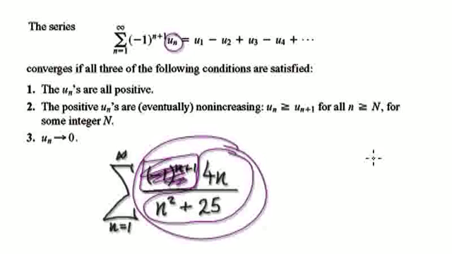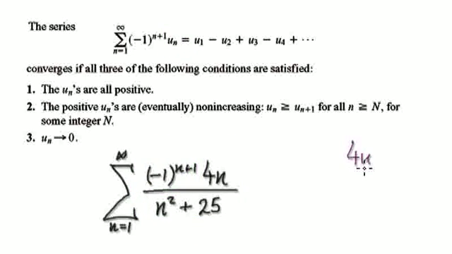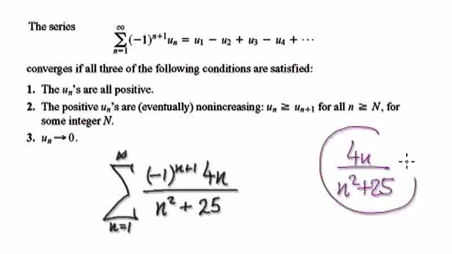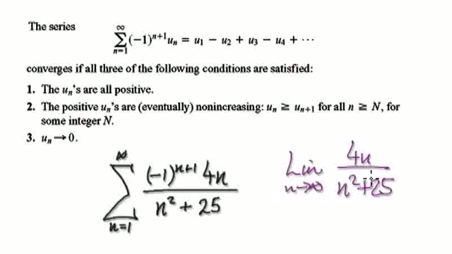When looking at this whole thing, we should just consider 4n over n squared plus 25. This here is our un. So make sure that the limit as n tends to infinity will be 0.